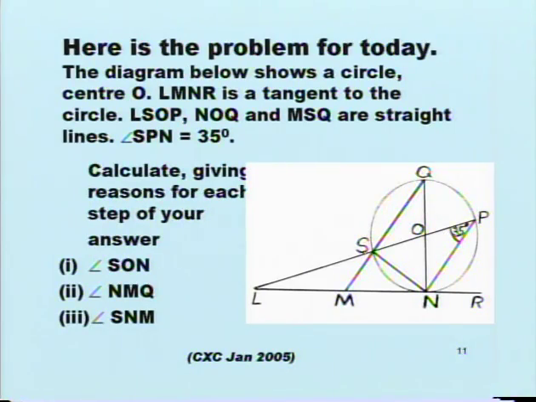Angle SPN is equal to 35 degrees. Calculate, giving reasons for each of the steps of your answer: first, the value of angle SON; second, angle NMQ; third, angle SNM. Question taken from CXC January 2005.